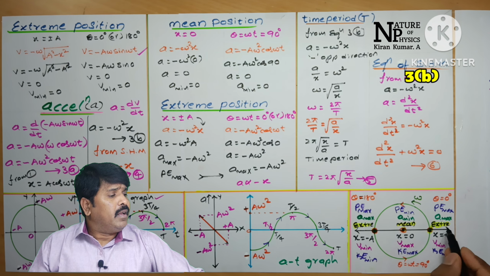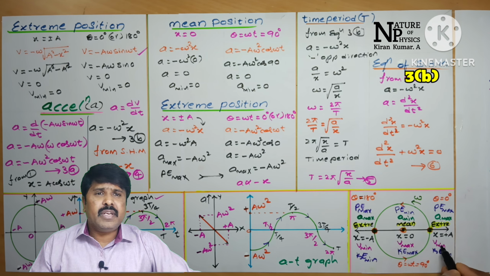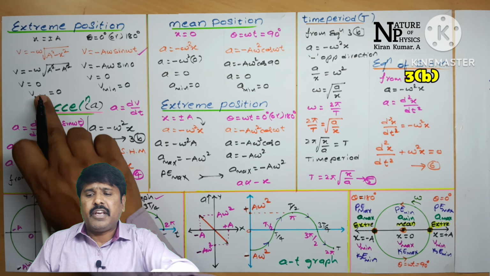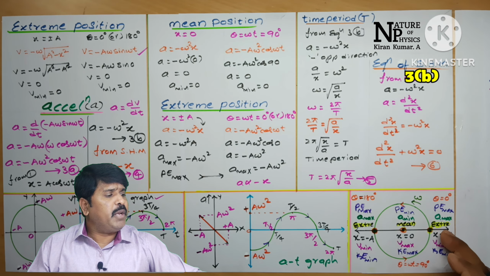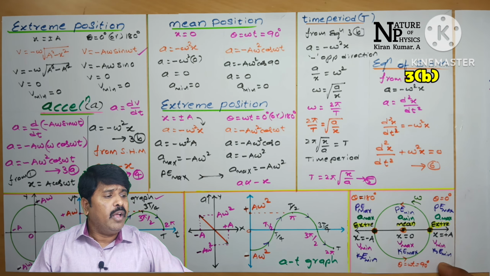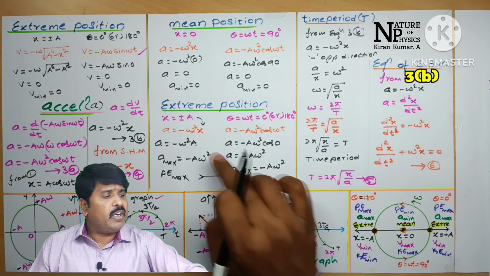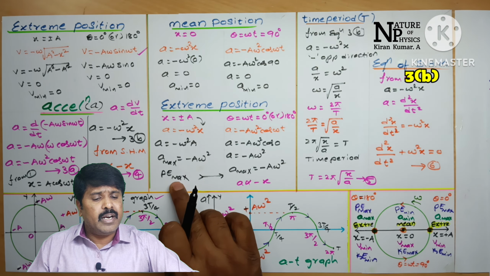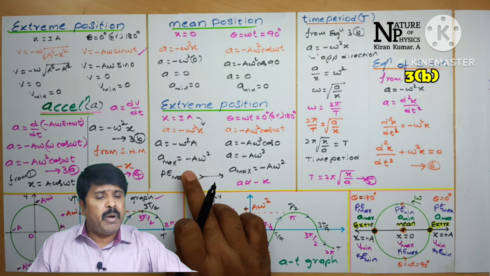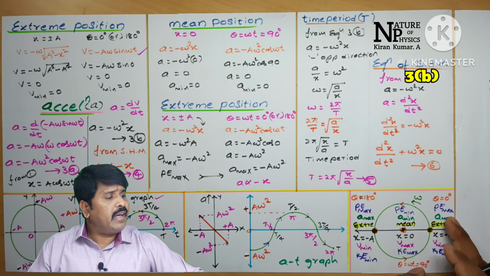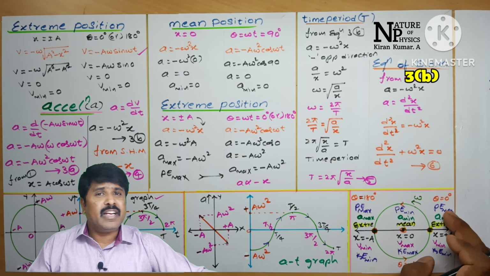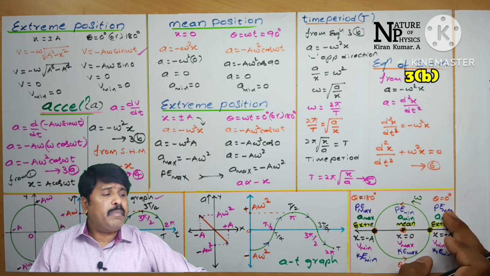Okay, so at extreme position velocity is minimum. That's why kinetic energy is also minimum. But at extreme position x is equal to plus or minus a, so that acceleration is maximum, minus a omega square. Here acceleration is maximum, that's why potential energy is also maximum.